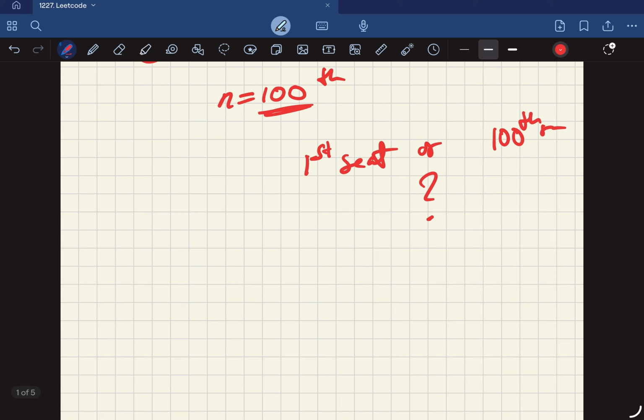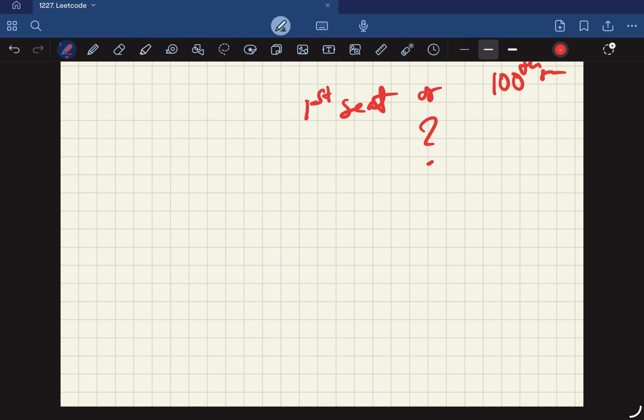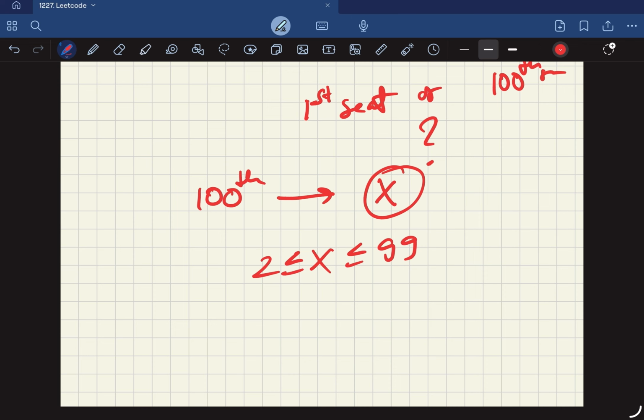Why? Let's prove this by contradiction. Let's suppose the 100th person sits on seat number x, where x is greater than or equal to 2 and less than or equal to 99. Now, if the 100th person sits on seat number x, that means seat number x is empty.